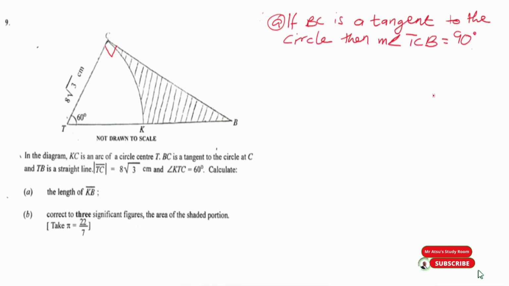Now that we established that this is a right triangle, we can also add another piece of information: this angle is 30 degrees, and that makes this triangle a 30, 60, 90 degree special triangle.